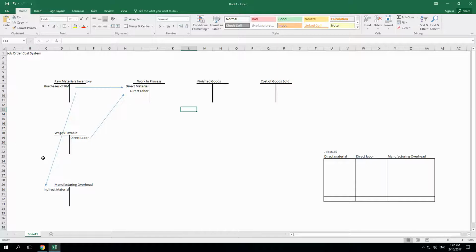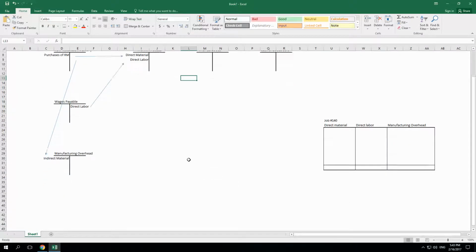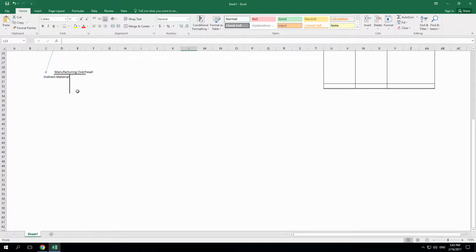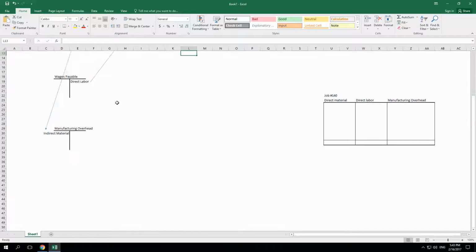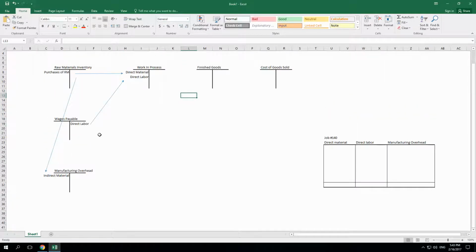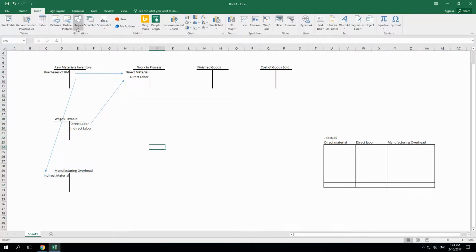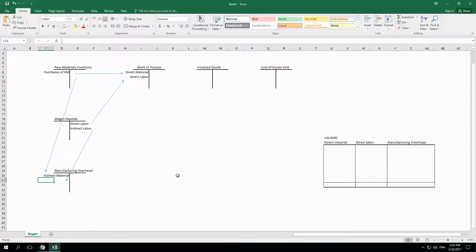Okay. Now, the thing with overhead, and I was expanding on it earlier today when I was talking to some people. You see, overhead is all of the indirect stuff. Okay. So any indirect labor would end up going to the overhead account. Okay. It would come down here as indirect labor.